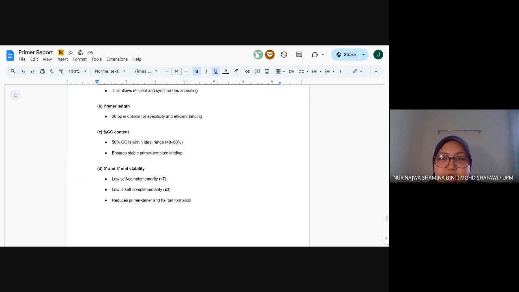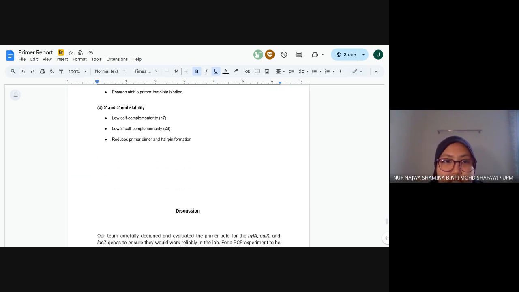Beyond temperatures, we must also ensure that these primers won't interfere with themselves. Our analysis shows high stability at the 5' and 3' ends, which is first, self-complementarity. Both primers score lower or equal to 7, indicating a very low risk of forming internal structures.